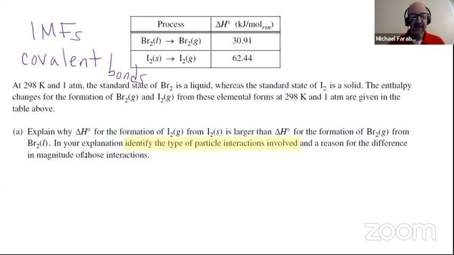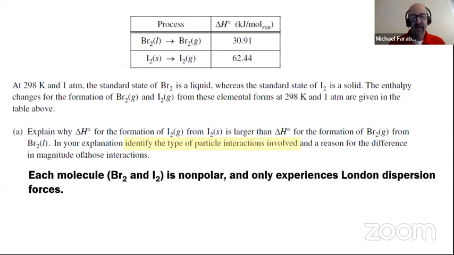I talked about this in the Unit 3 video. So we are talking about intermolecular forces here between molecules, and these are nonpolar molecules. It's a diatomic molecule that has the exact same atom. So because they are nonpolar, they experience London dispersion forces, or LDFs for short.